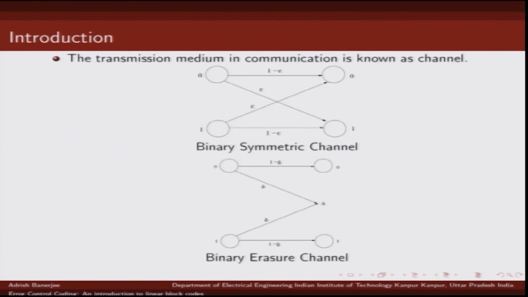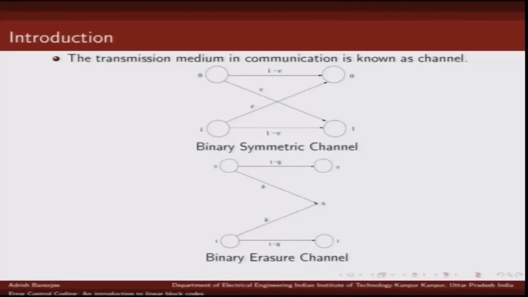So let's spend some time on what is our transmission medium. The transmission medium over which we want to send a packet is known as the channel, and here I have illustrated two very simple channel models. The first is the binary symmetric channel. You can see it has binary inputs, 0 and 1, and similarly it has binary outputs 0 and 1.